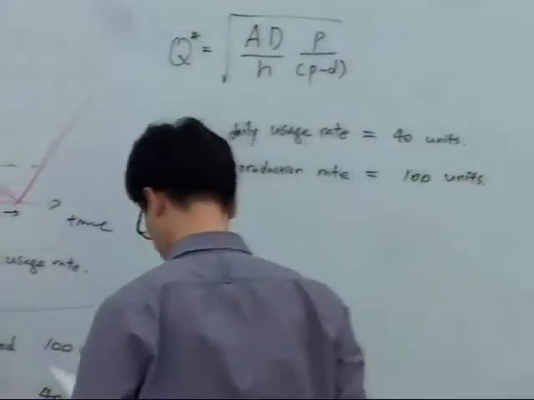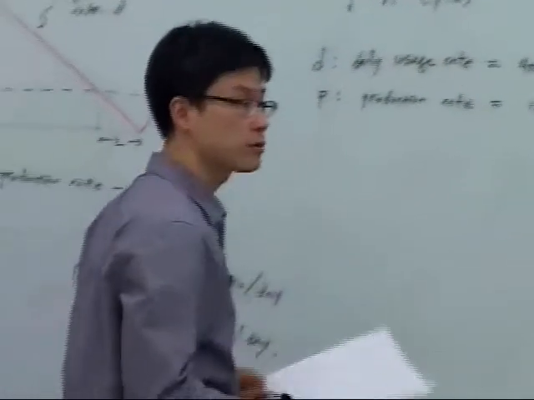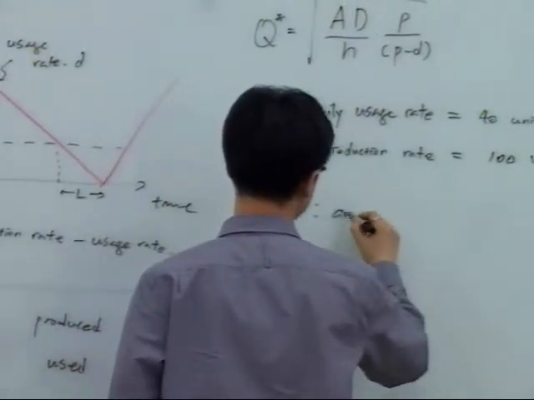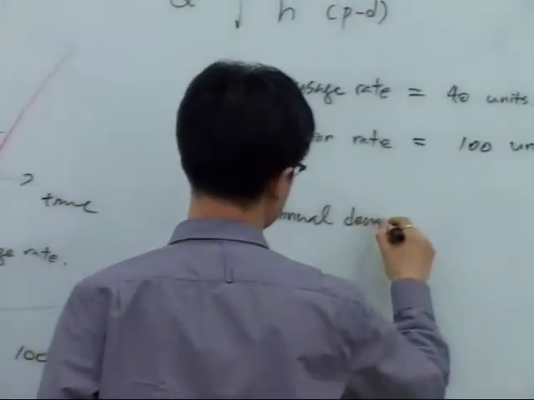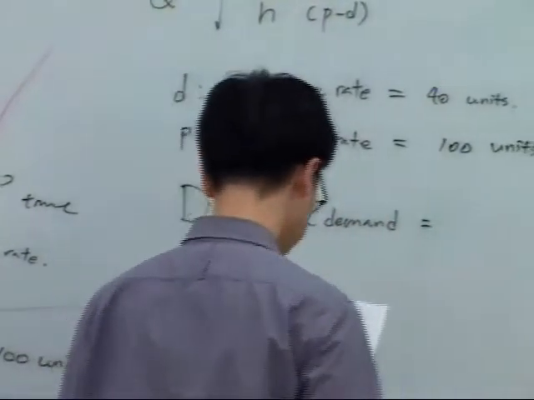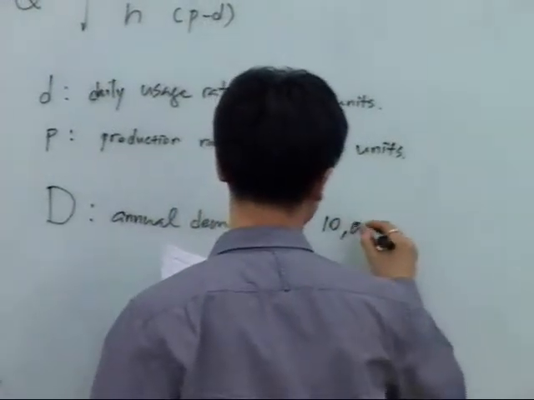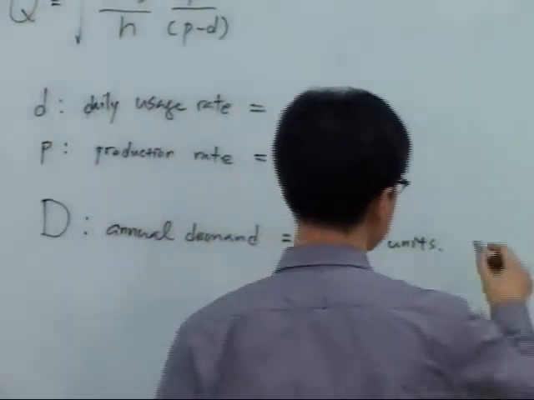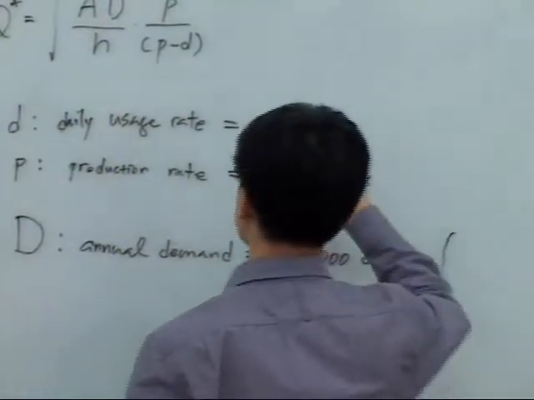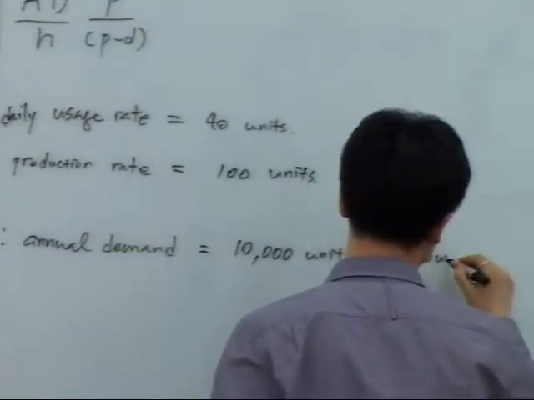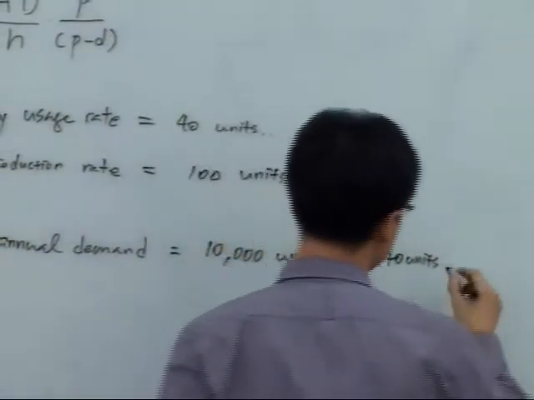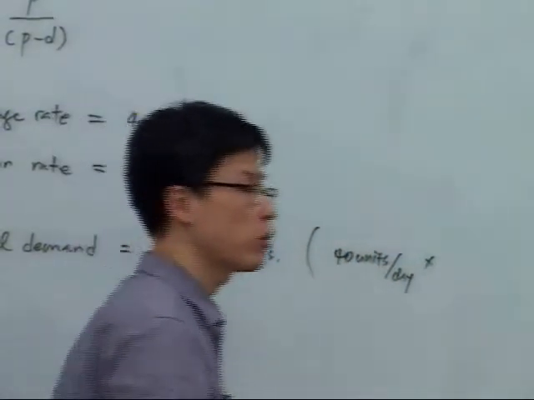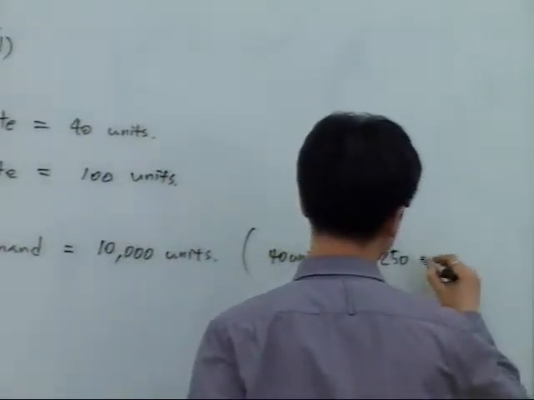And for illustration purposes, let's assume large D is annual demand. It's 10,000 units. It's assumed based on this equation: we are using 40 units per day, but in a year, usually the working days are about 250.